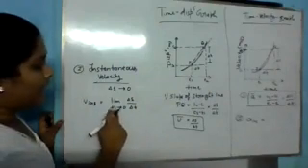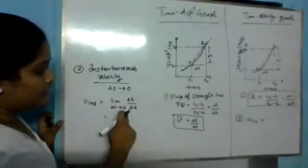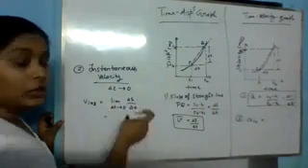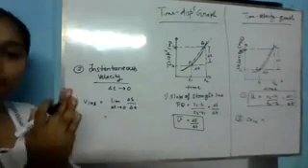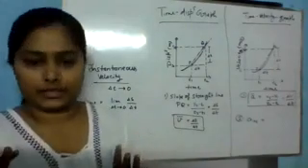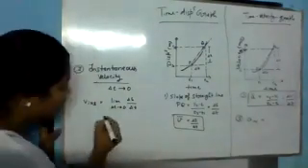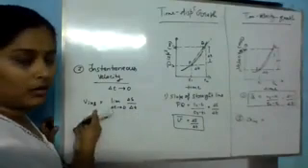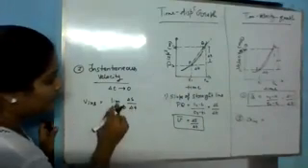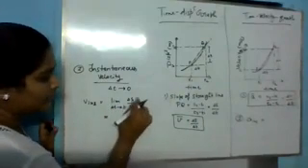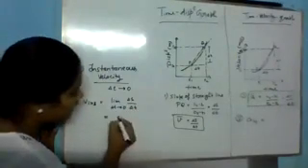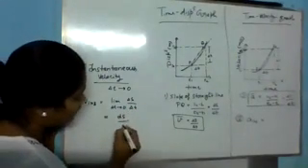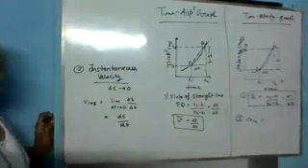Whenever we apply the limit delta T tends to 0, delta S upon delta T, you will read this part very briefly in your mathematics. And especially students of biology, just see, when we apply the limit delta T tends to 0, delta S upon delta T, it gets converted into this form, ds upon dt.